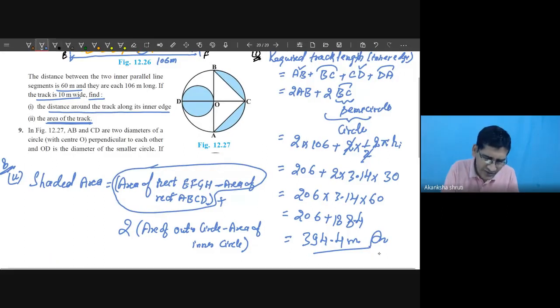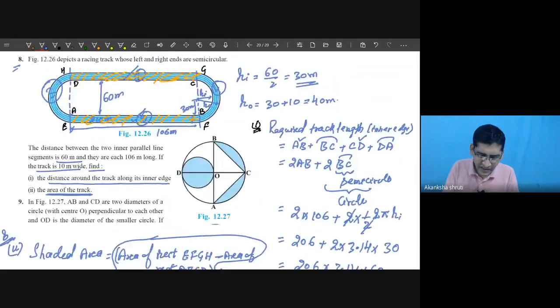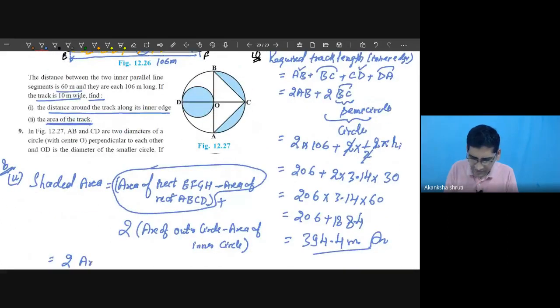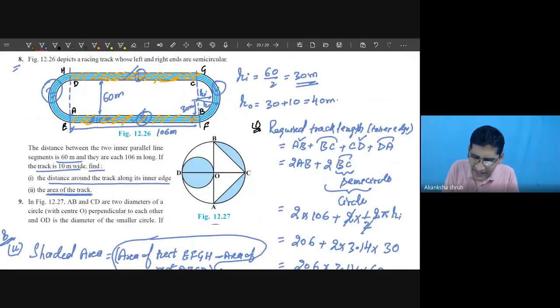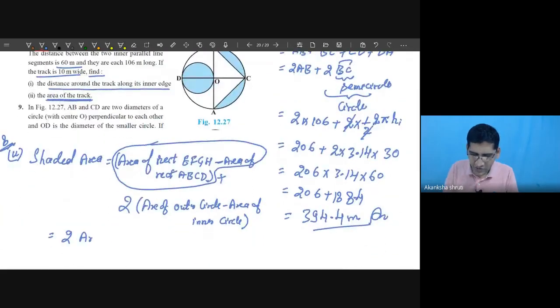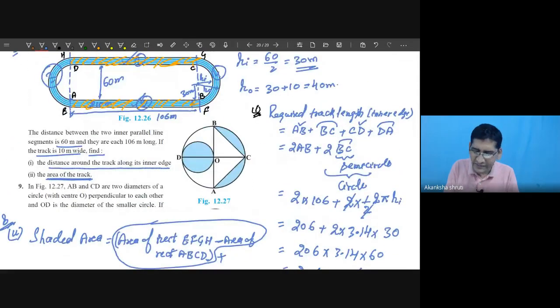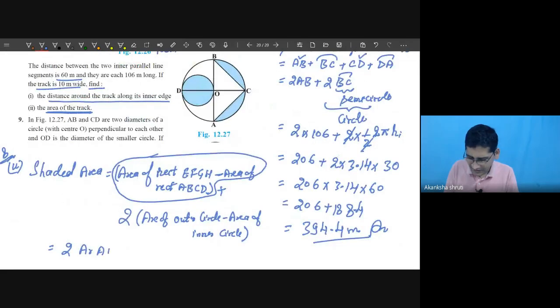Or this may also be written like this one. Twice the area of, what? I may take AEFB or HDCZ. You will get the same thing. Twice area of AEFB, am I right? AEFB.